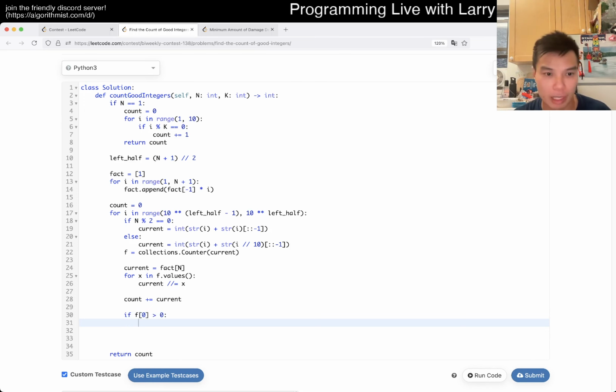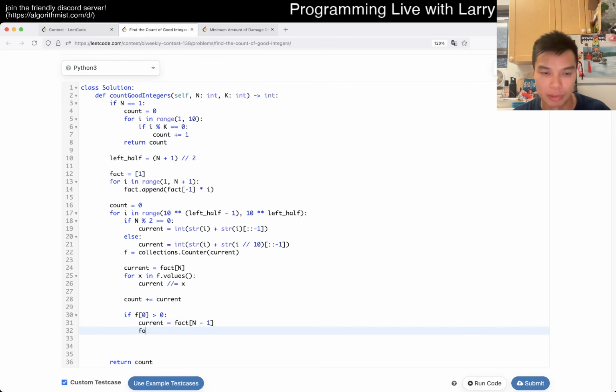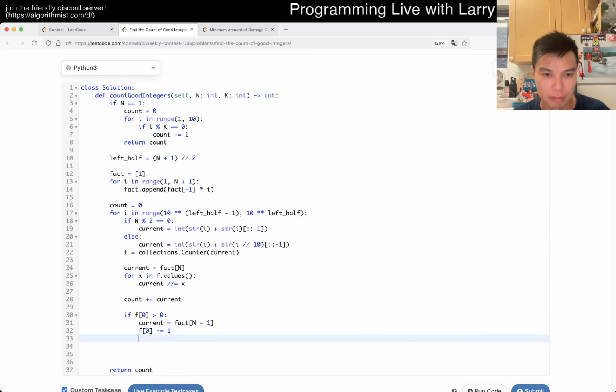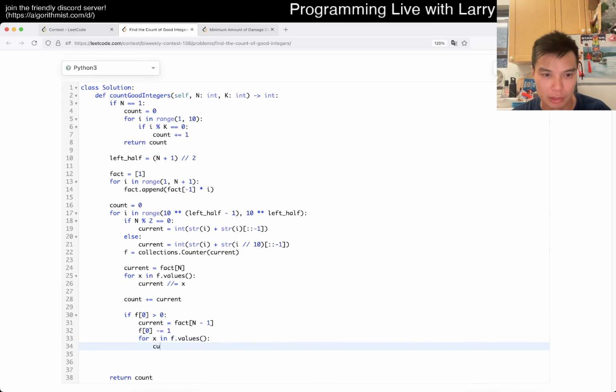then we want to take out the ones where, okay, current is equal to fact of n minus 1, and then we do f of 0 subtract from 1 for x in f values, current, right, and then count subtract current.